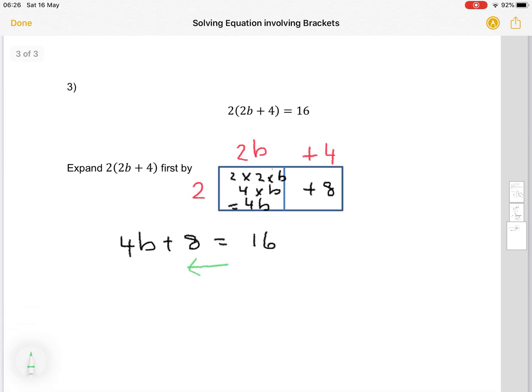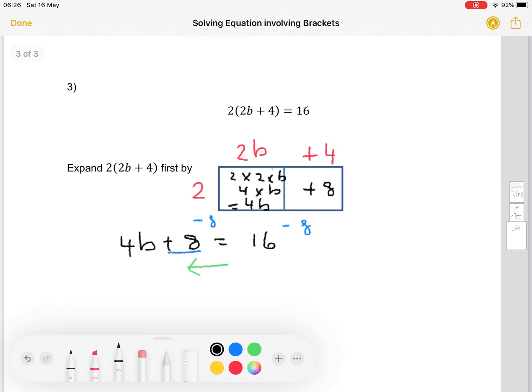Remember that we need to move in reverse when we have two operations. The two operations are, there is a times multiplication between the 4 and the b, that means 4 times b, and there is a plus between the 4b and the 8. So if I move in reverse, I need to remove that plus 8 by subtracting 8 from both sides.